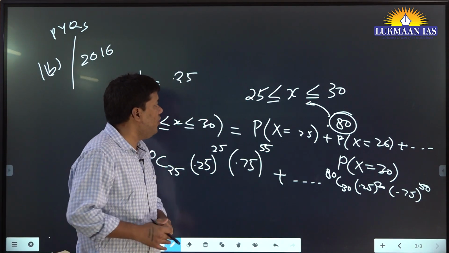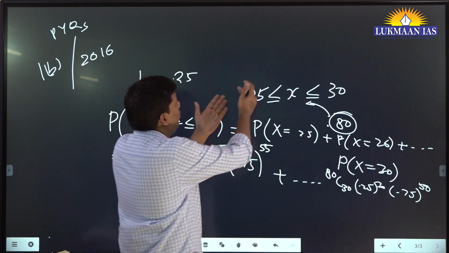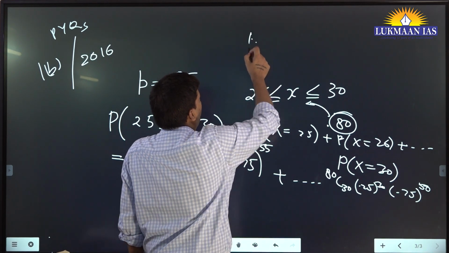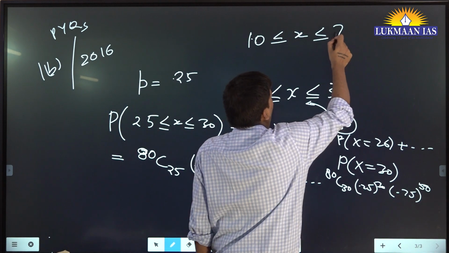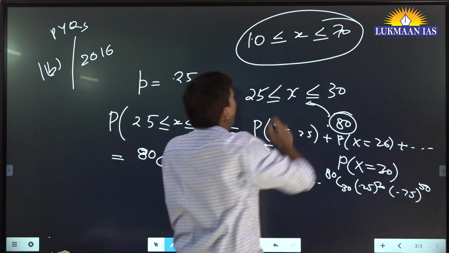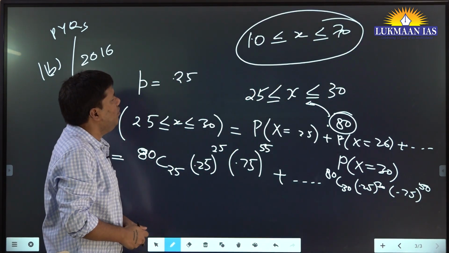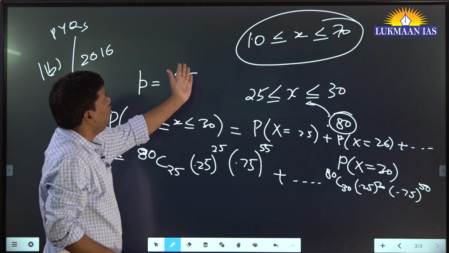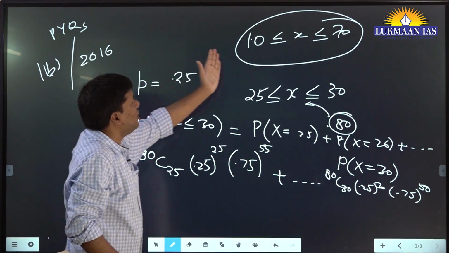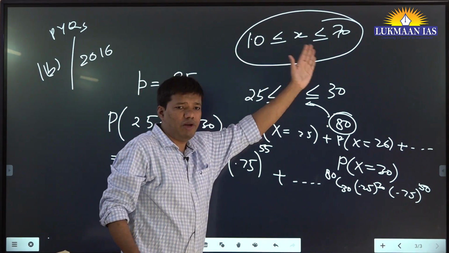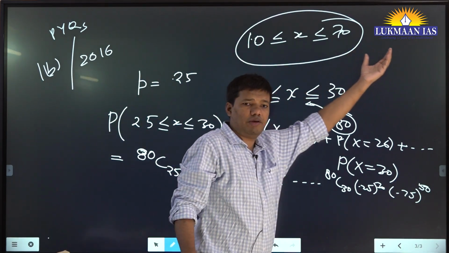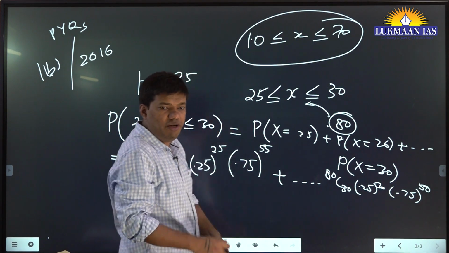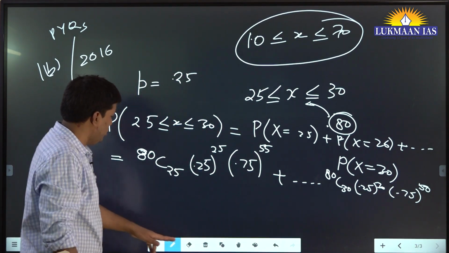Let's say if they ask what is the probability of getting correct from 10 to 70 questions, then I would not like to do it with the binomial. Even then you can do it. You will not calculate this value for 60 values. What you will do, you will take 1 minus the first 10 values and 1 minus the last 10 values. You will get the middle sum. Fine? Okay, now this is done.